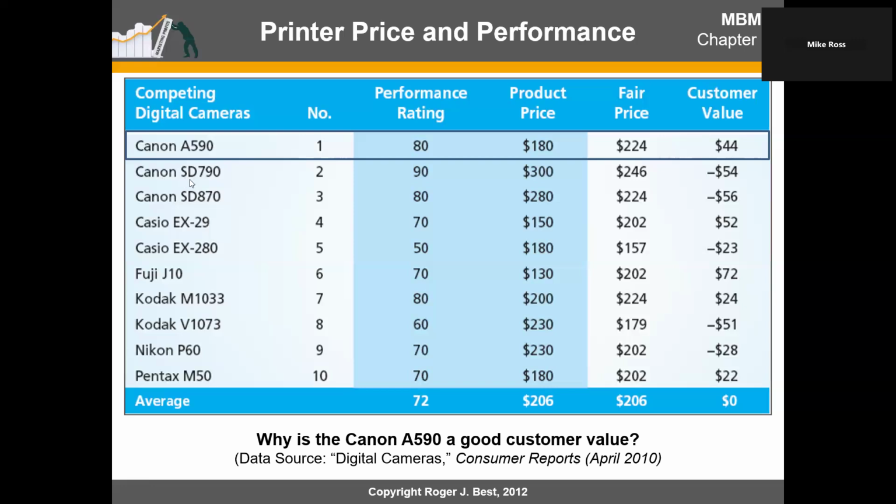Here we've got a Canon SD 790 performance rating of 90. The product retail price is 300.